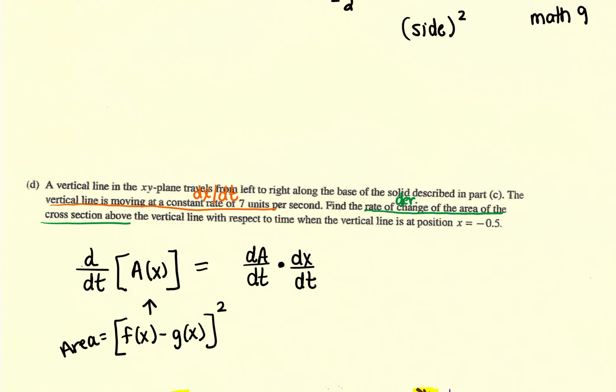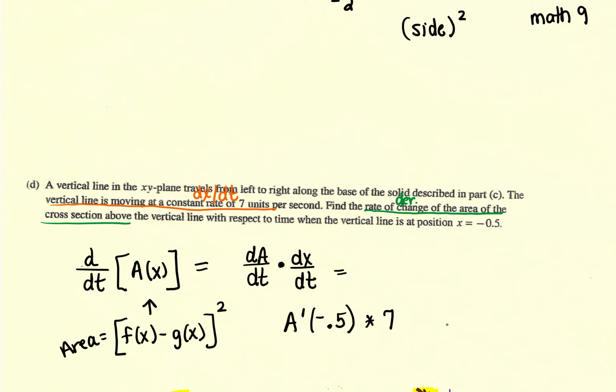It's going to be 7 that we need to multiply. So then you're going to go to your calculator and calculate the derivative of this area function at negative 0.5, and then we're going to need to multiply by that 7.